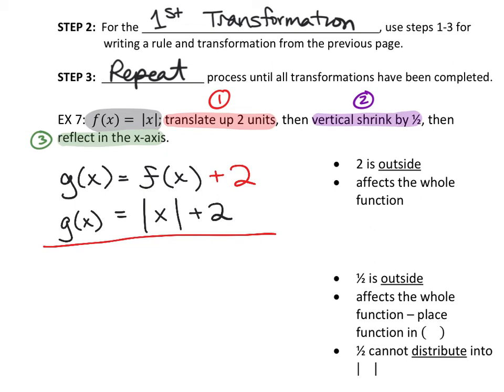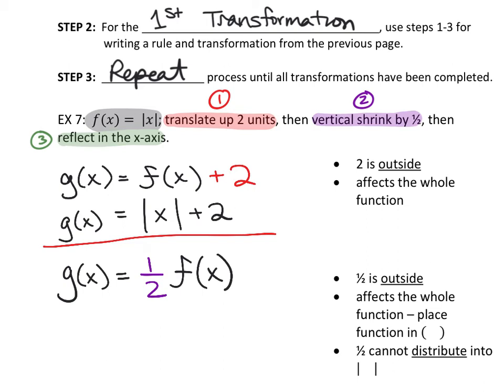The second thing says to vertically shrink it by 1/2. To vertically shrink something, I'm going to put a 1/2 on the outside in the front like it's multiplied. That's the pattern for vertical shrinks, that number just gets put in front.